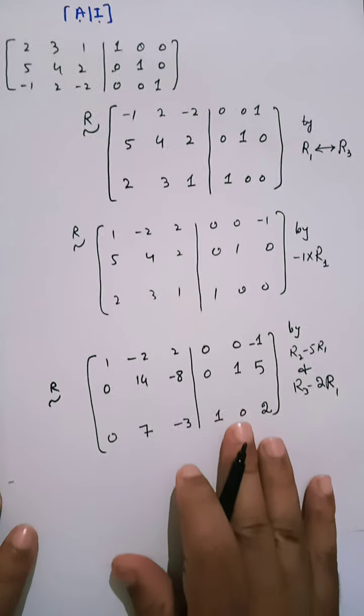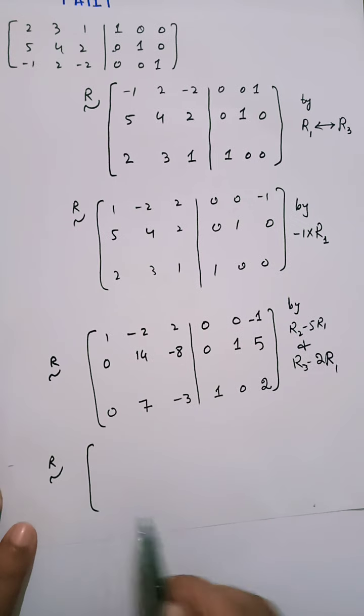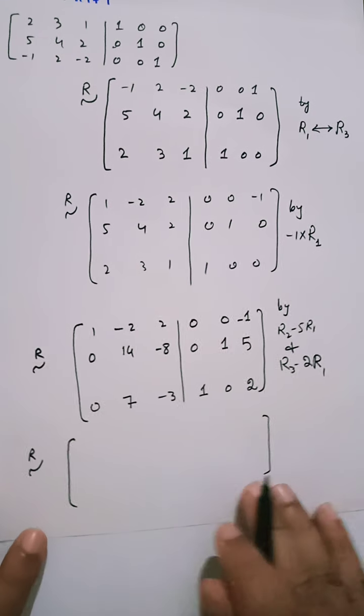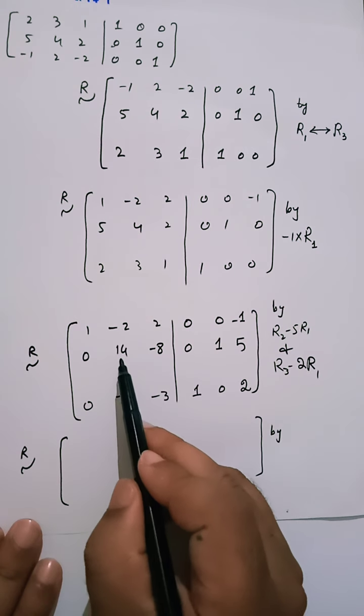Now the next row operation is converting this into 1, because in the identity matrix at that position we have 1.